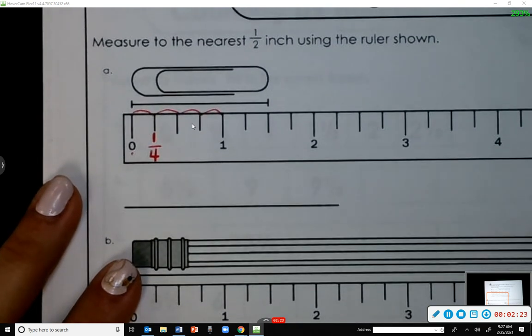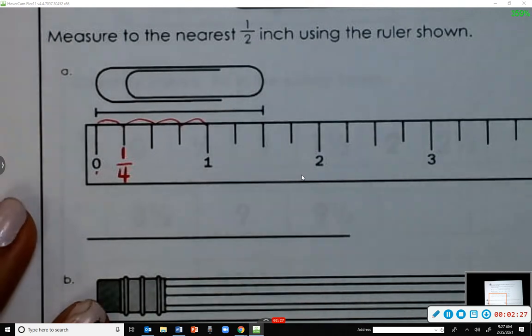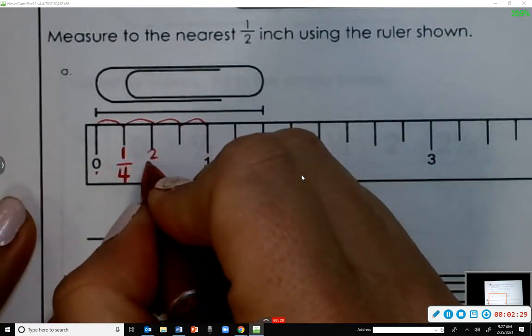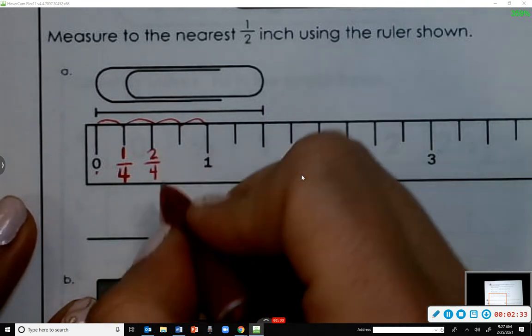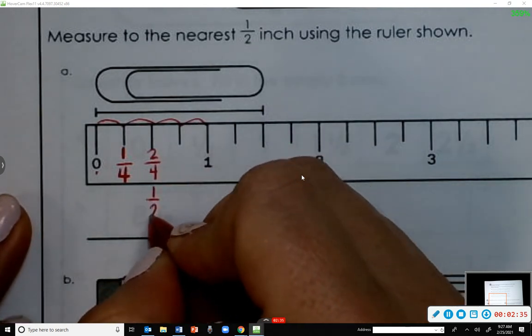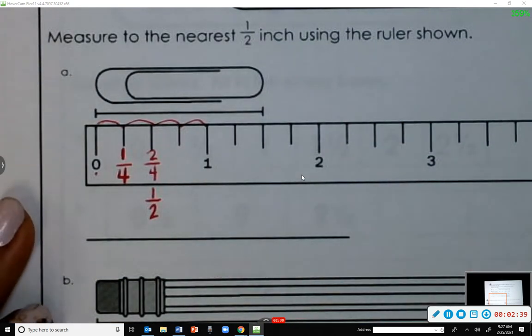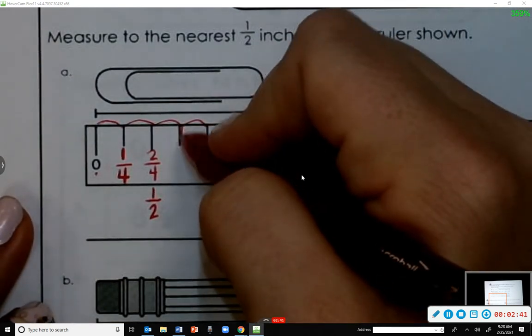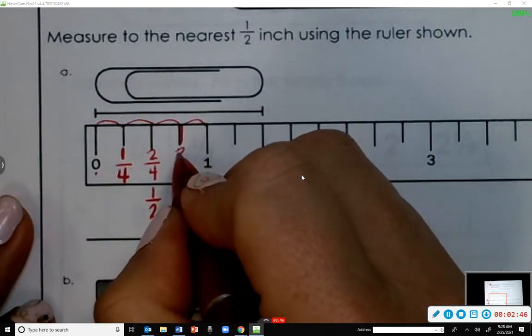Okay? Now when we get right here, we could label it what? 2/4. Or what else? 1/2. Good. So I'm going to go ahead and put 1/2 underneath. Okay? What would this be, Javea? 3/4.